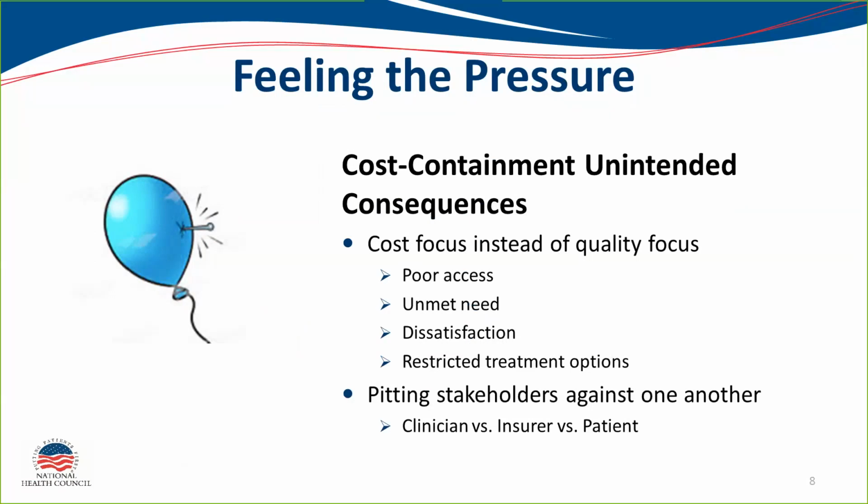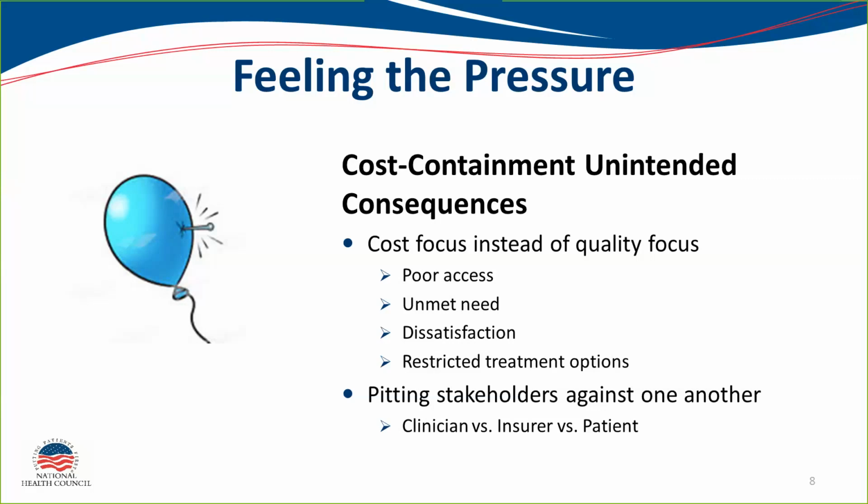When we use these strategies to contain costs, there are some unintended consequences that come along with that. One of the several downsides is that it's a cost focus instead of a quality focus. As we require patients to fail first, who wants to start with the drug that maybe has a higher percentage chance that it's not going to work for them?